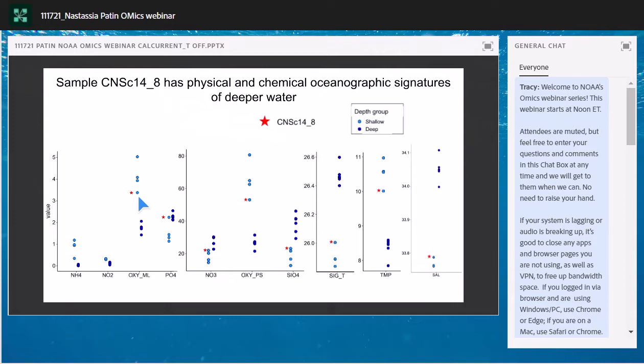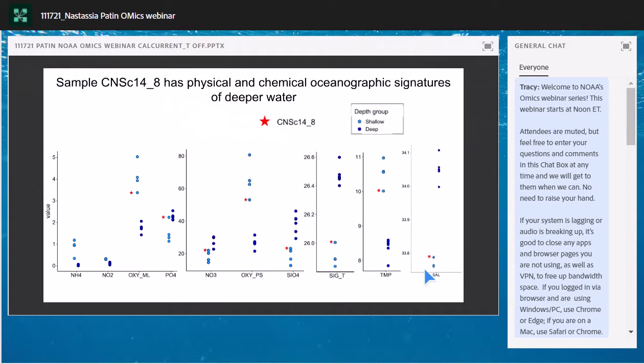For example, we have our nitrate, and I separated the points here into shallow and deep groupings. And what we can consistently see is that this outlier sample, although it is part of the shallow depth grouping, is consistently at the lower, or in some cases upper, end of the chemical measurements, showing that it's closer, in fact, in chemical composition to a deeper sample.